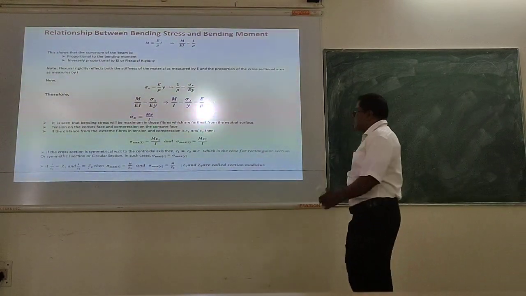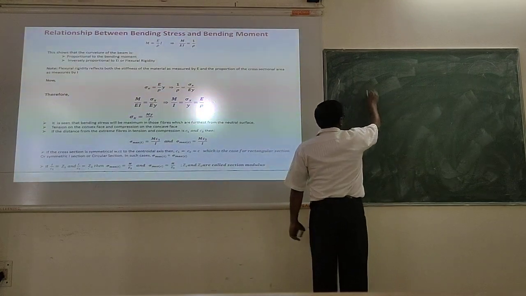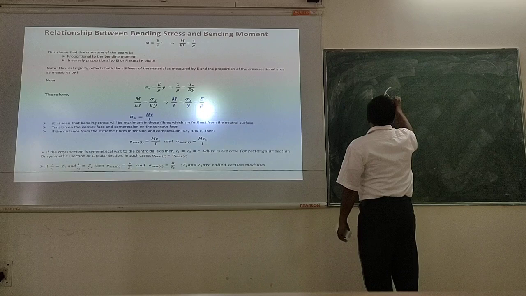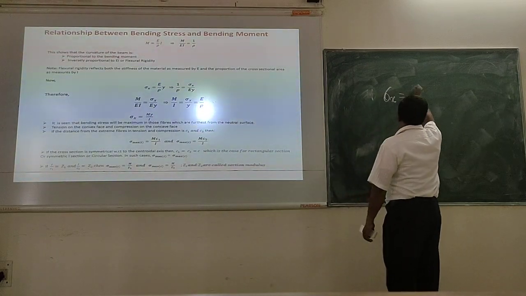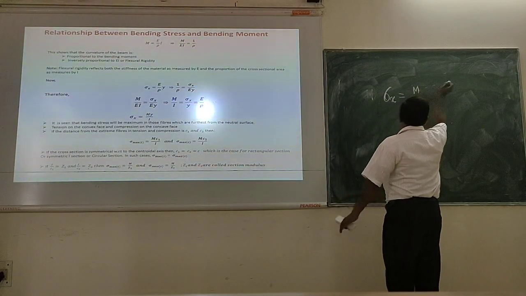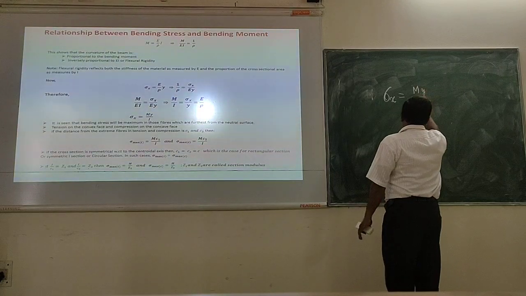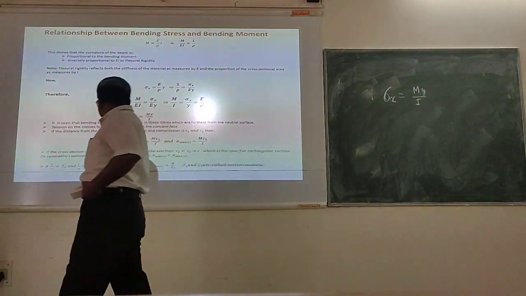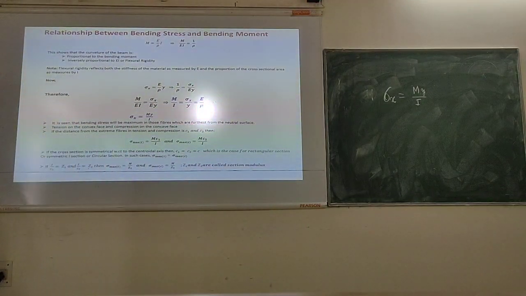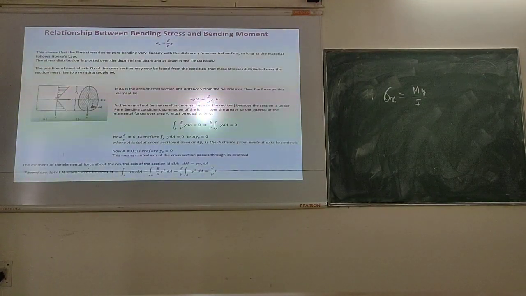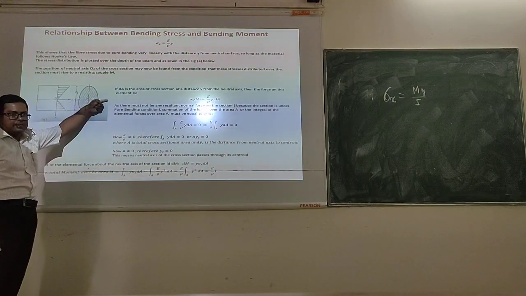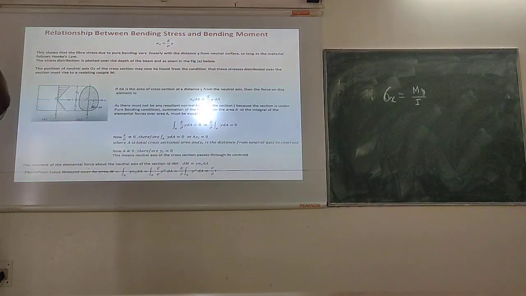So let's say I write the bending equation, that is the bending stress equation, that is sigma x equal to My by I, isn't it? Correct? Now you see, if I go back to my previous slide, in this area, if this is the centroidal axis, and centroidal axis is nothing but which axis?